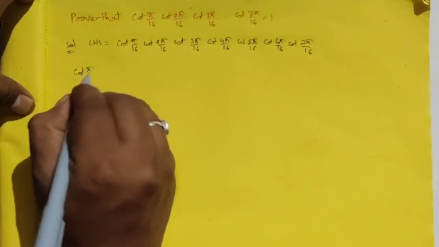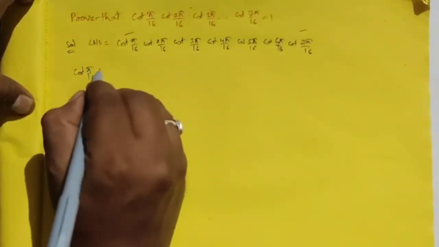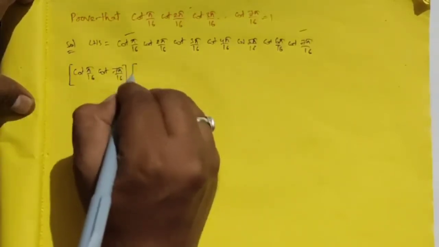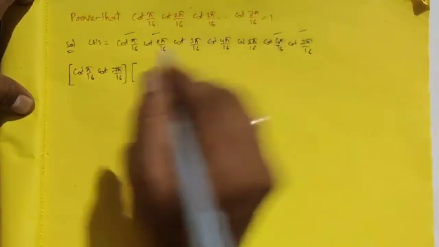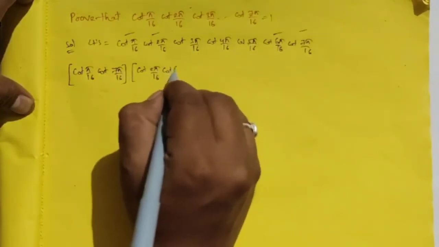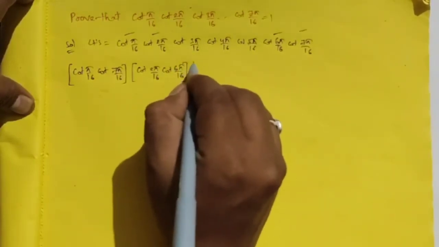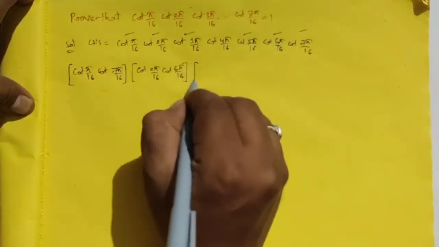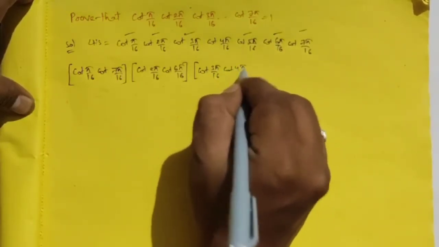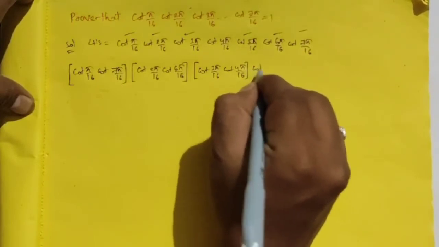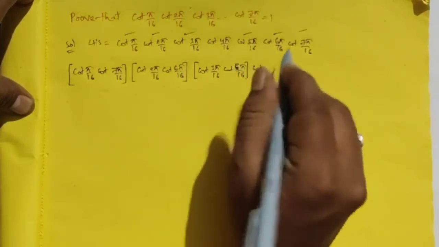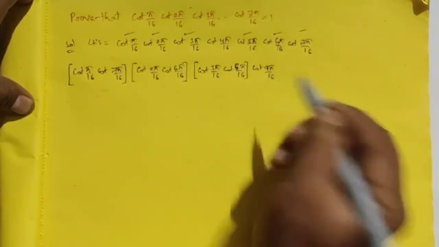Cot of pi by 16 and cot of 7 pi by 16 at one place, and then take the second term and the second term from last, cot of 2 pi by 16 here, cot of 6 pi by 16, and then these two terms, cot of 3 pi by 16 and cot of 5 pi by 16, and then write cot of 4 pi by 16, the last term.